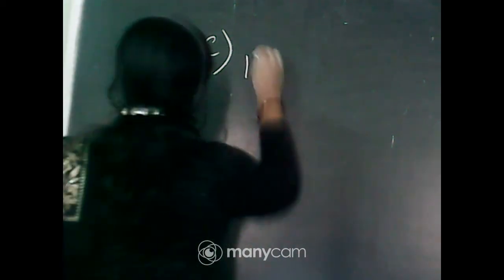Exercise C, fill in the blanks in the future continuous tense form. Father will be leaving for office soon. Let me do the first two, rest you can do it. I'm just going to discuss the rest of the answers.